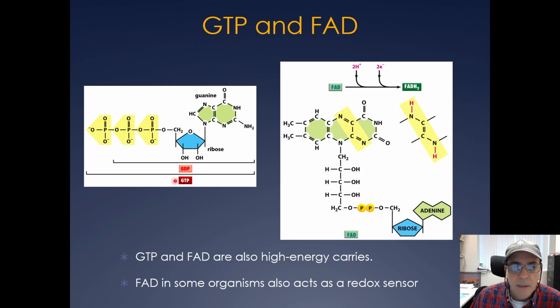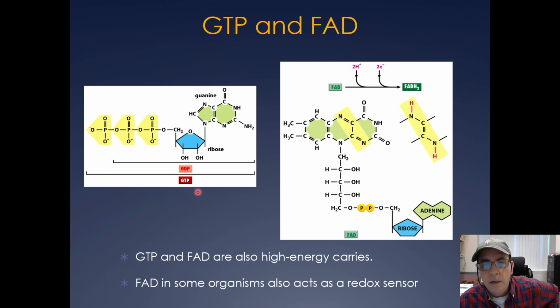Once again, GTP is used in a lot of different reactions, as we'll see. It's involved in translation on the ribosome, and it's also involved in signaling with small G proteins, and it also regulates various processes like vesicle formation in the secretory pathway, as well as vesicle fusion.